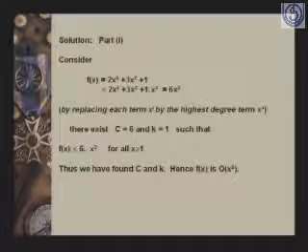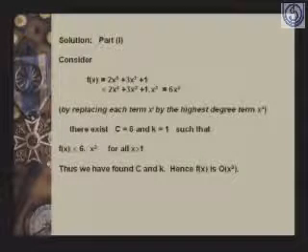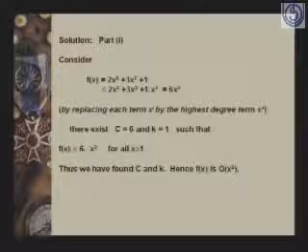That is, 2x cubed plus 3x squared plus 1 is less than or equal to 2x cubed plus 3x cubed plus 1x cubed. That is, we have replaced all the powers which are less than x cubed by x cubed itself.